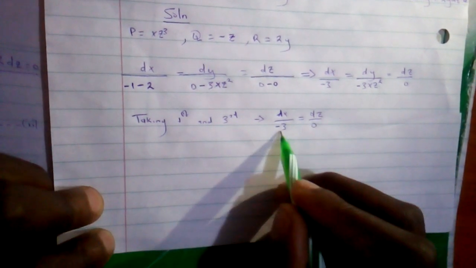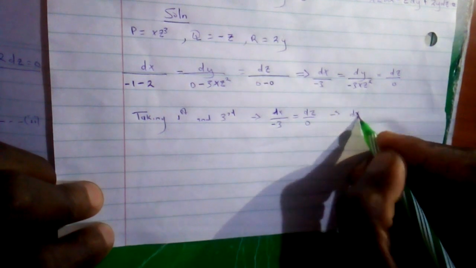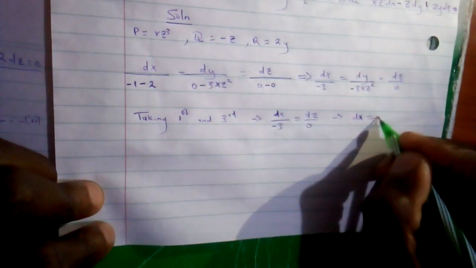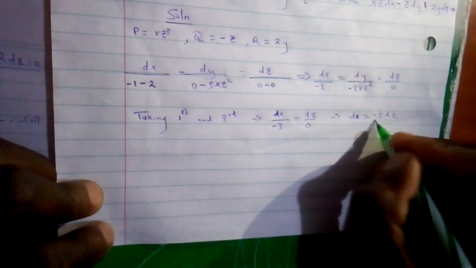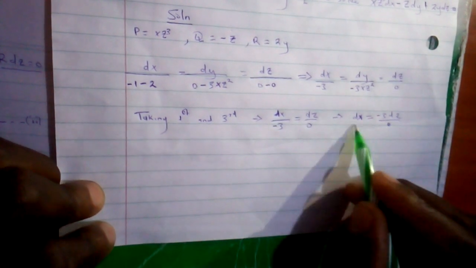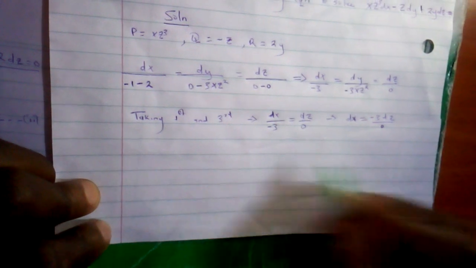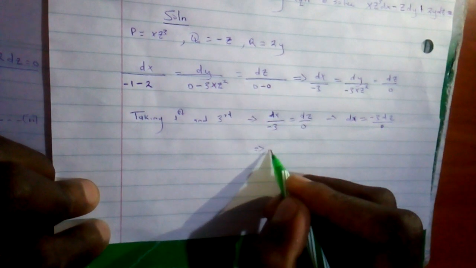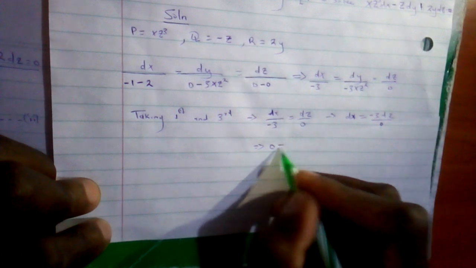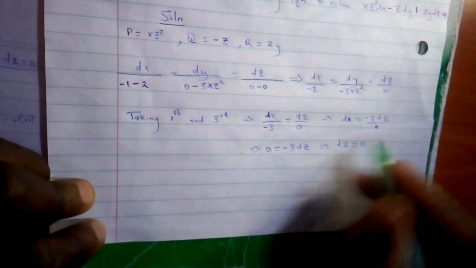We multiply all through this equation by negative 3 to get dx is equal to negative 3 dz all over 0. We again multiply the dx with 0, we are going to get 0 is equal to negative 3 dz. Let us do away with the negative 3. That is, dz will be equal to 0 after dividing all through by negative 3.